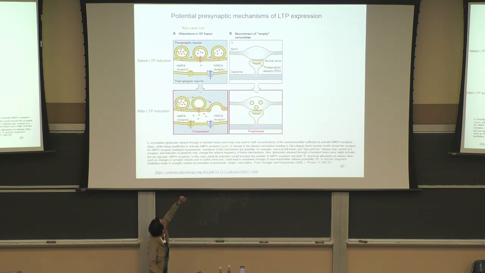Because the NMDA receptor has higher affinity for glutamate than the AMPA receptor, if just a little glutamate is released, it will all bind to the NMDA receptor, so it appears silent. Then perhaps after potentiation, you get more complete vesicle fusion, more complete release of the glutamate, and then there's enough glutamate for the AMPA receptor to grab some. So that suggested a potential presynaptic mechanism for the unsilencing.